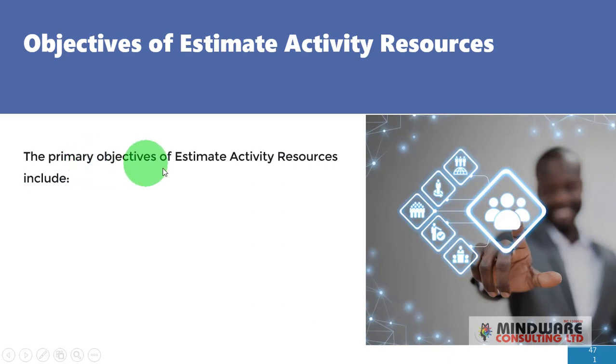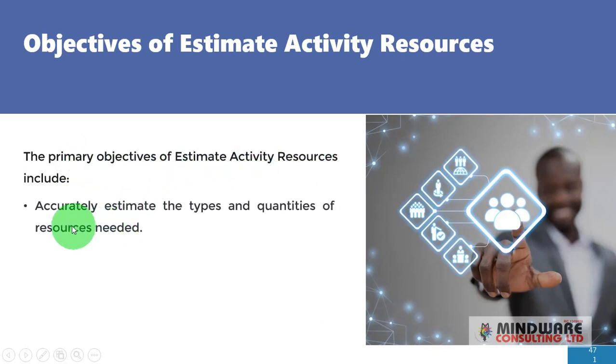Now, the primary objectives of the estimate activity resources include accurately estimating the types and quantities of resources needed. The objective is to help you to be able to estimate the types and quantities of resources needed accurately.